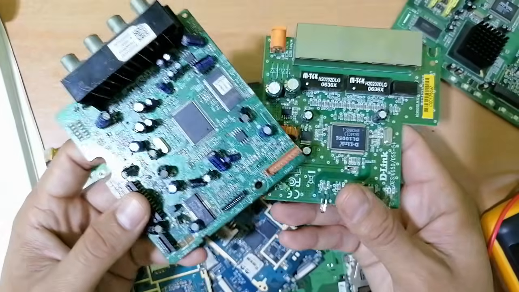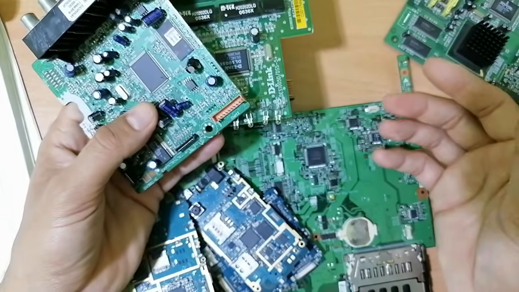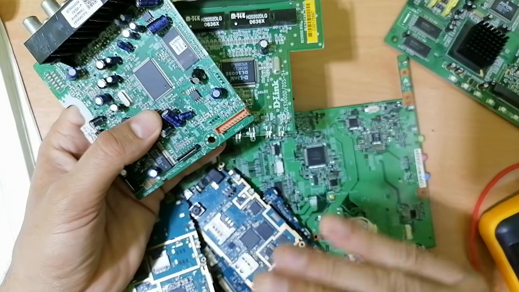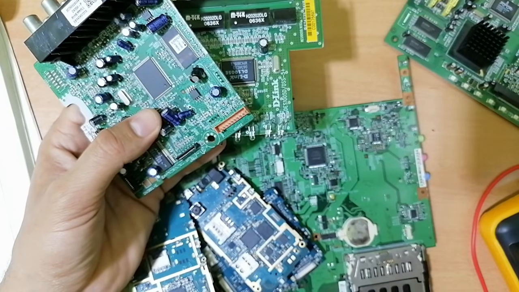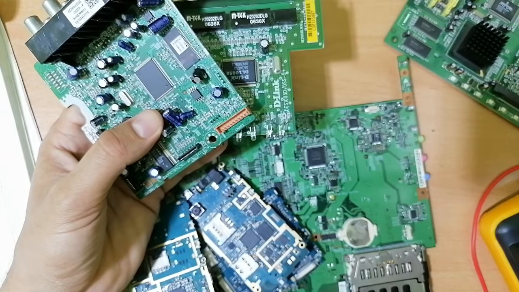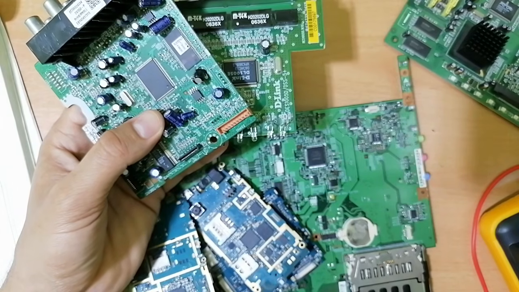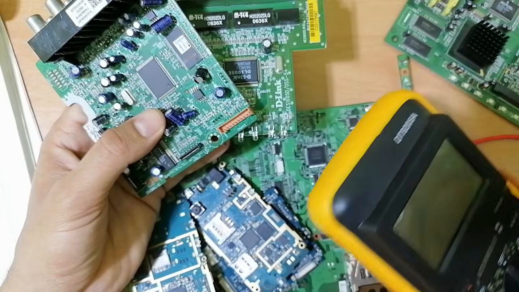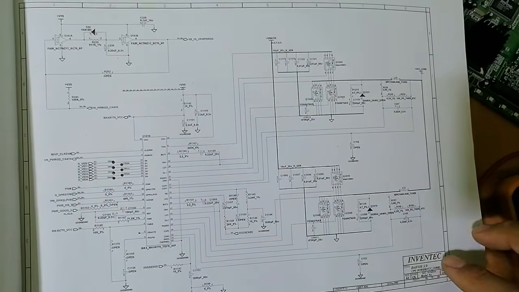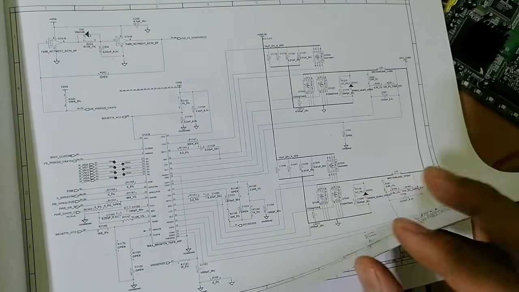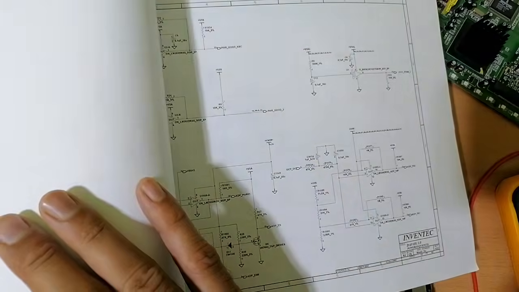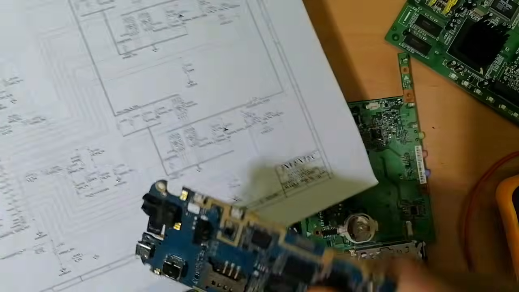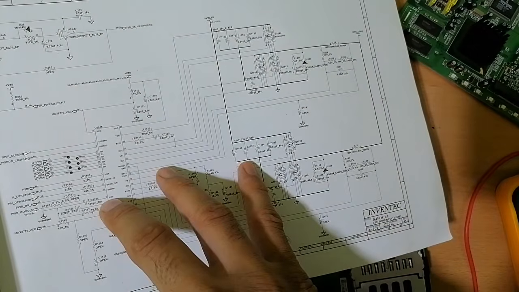The purpose of studying many motherboards is to understand 100% all about integrated circuits and how you deal with them using the multimeter. Let's dive in. Of course, we're also going to use the circuit diagram in order to understand the hardware parts and the software parts.